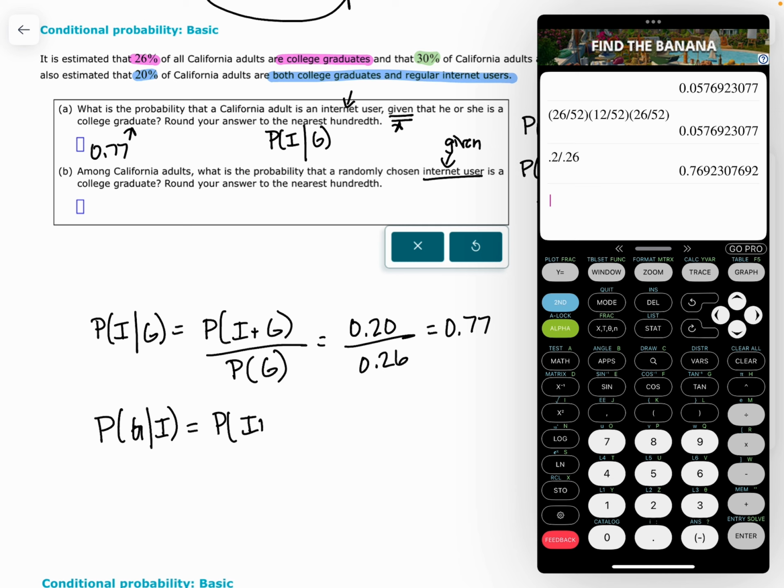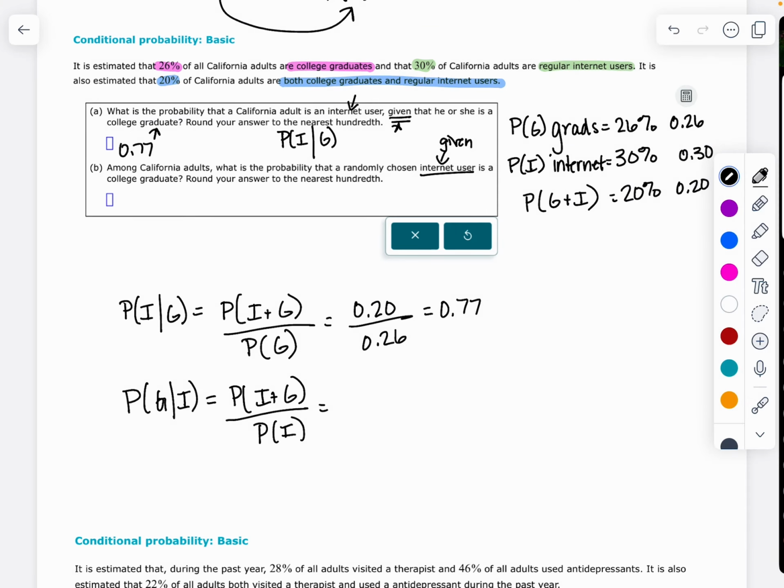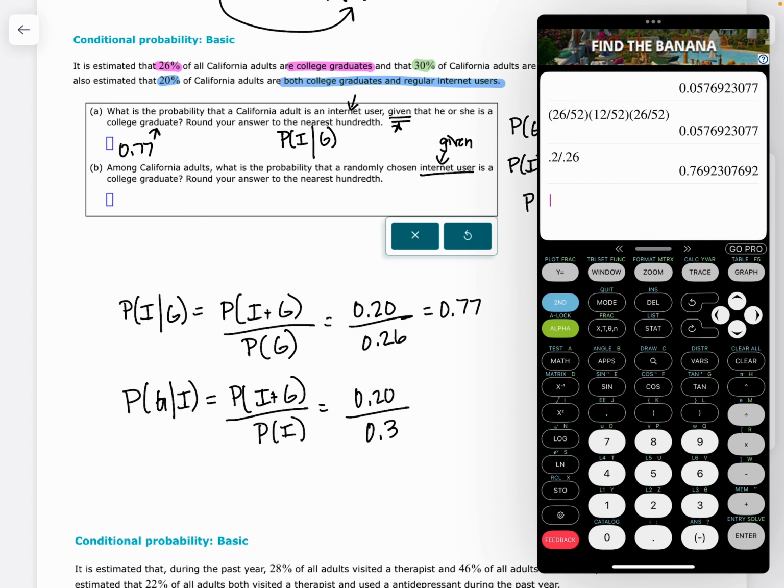So internet and graduate over the probability of an internet. All right, and then what are my percents again? I got 0.2 over 0.3. 0.67.